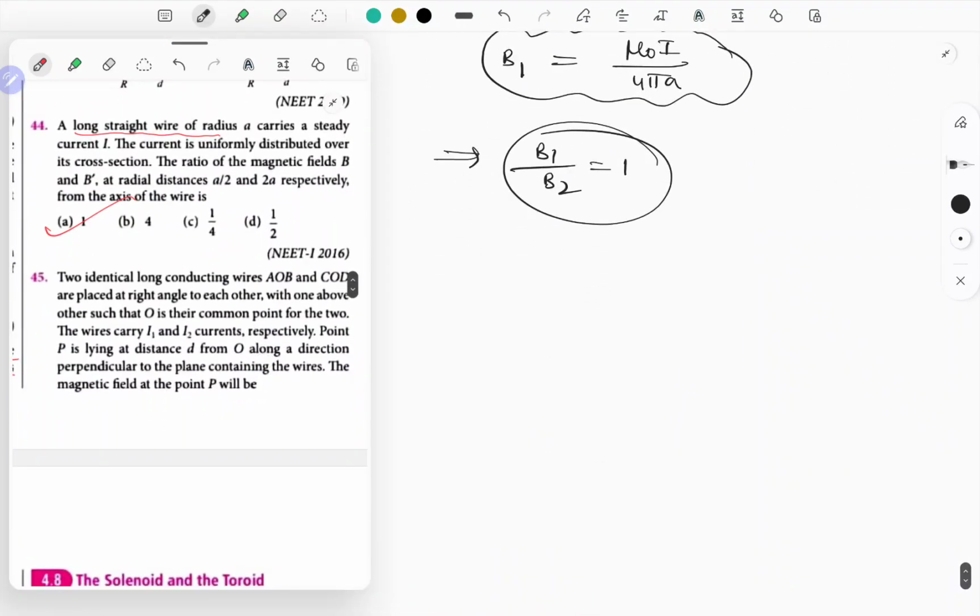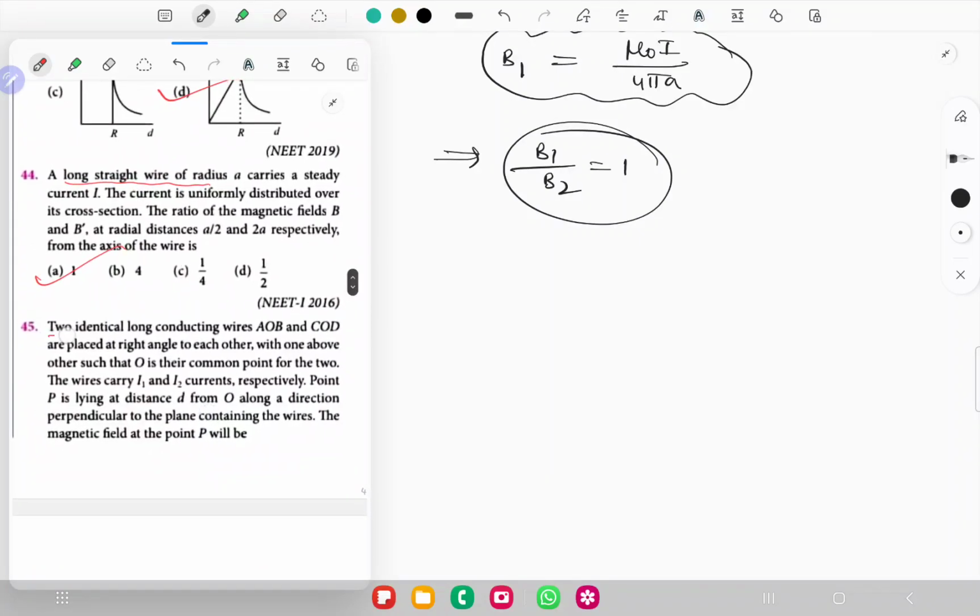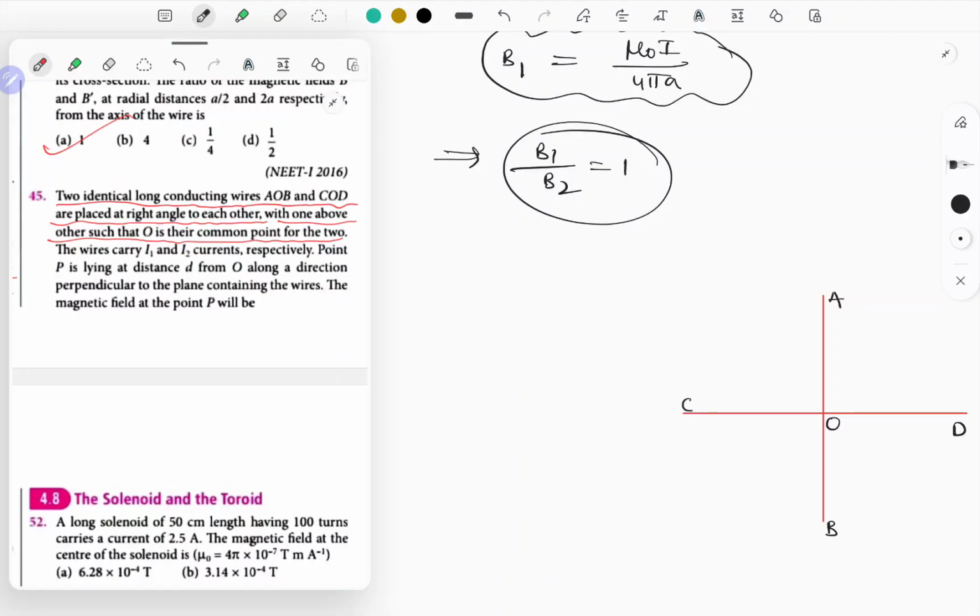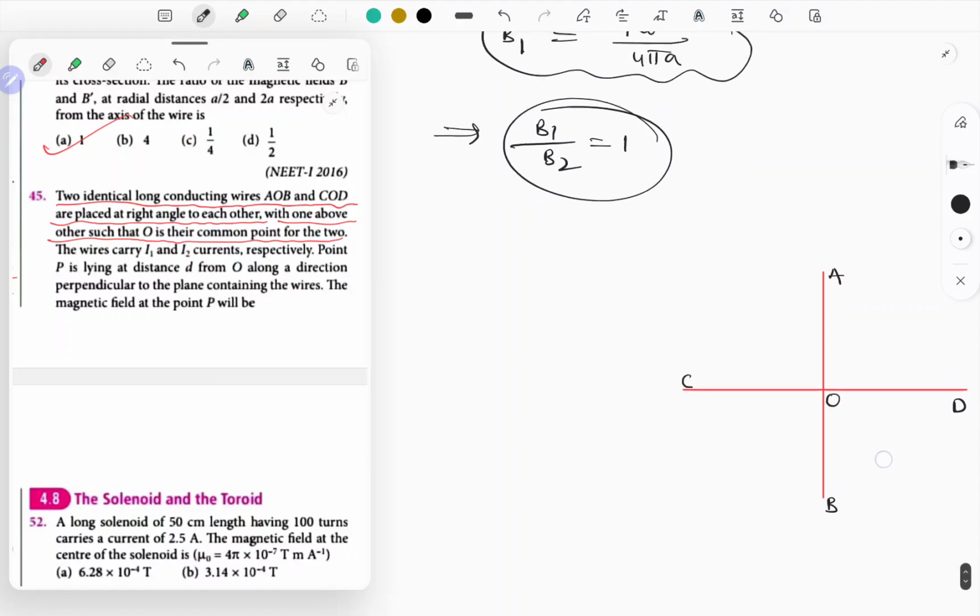Okay, understood? Next. Two identical long conducting wires AOB and COD are placed at right angles to each other, one above the other, such that O is their common point. They didn't give the diagram, so we just have to imagine. So this is how O is the common point for both of them.